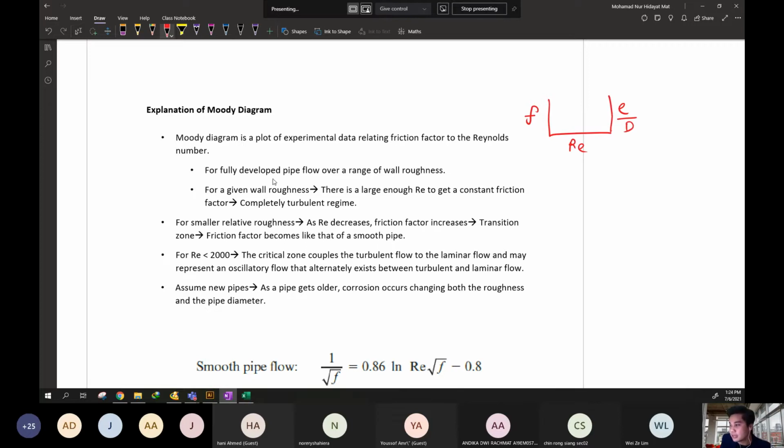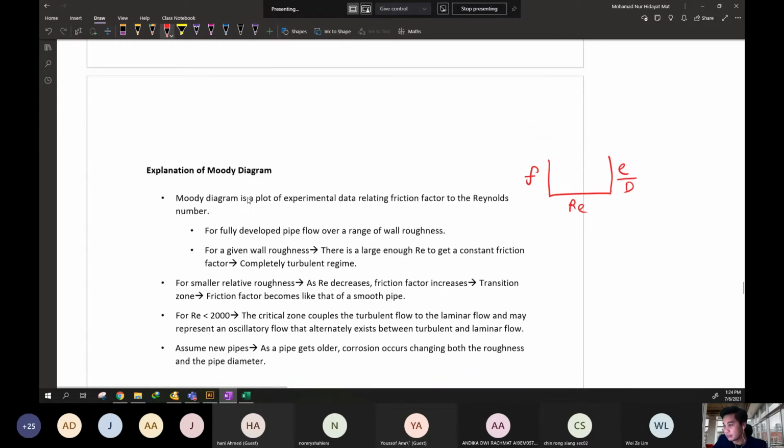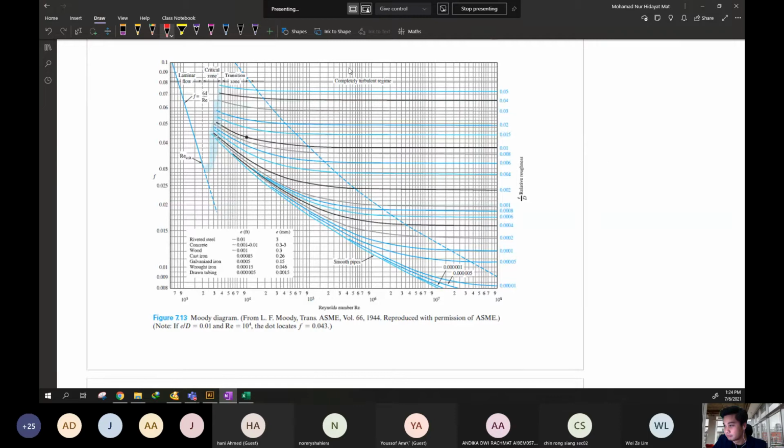For fully developed pipe flow over the range of wall roughness, this value can be found from the figure. This is the region of completely turbulent flow; you can see it is a horizontal line.